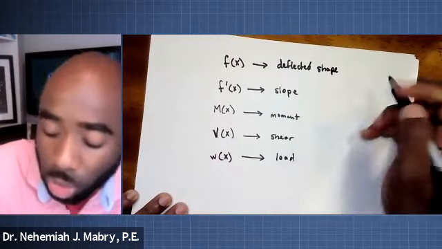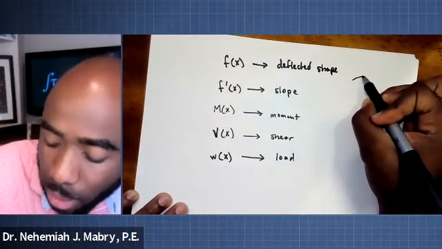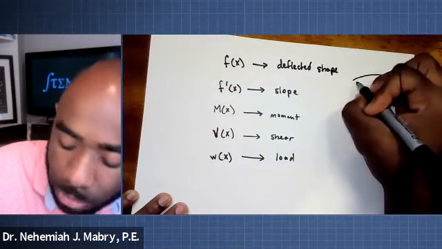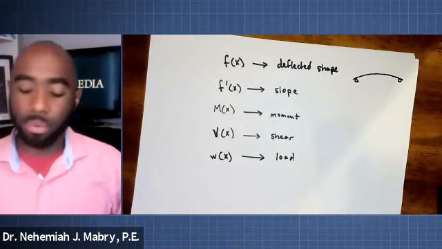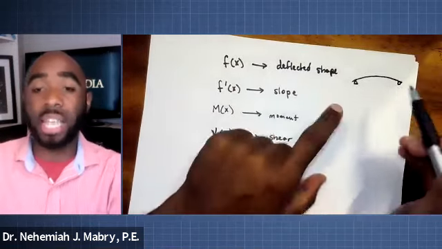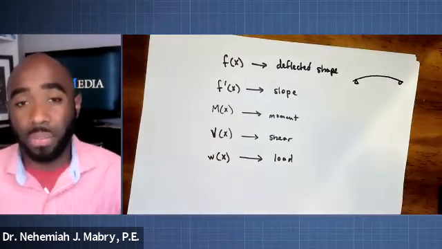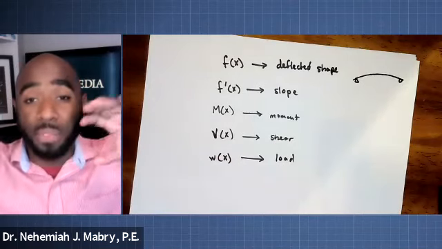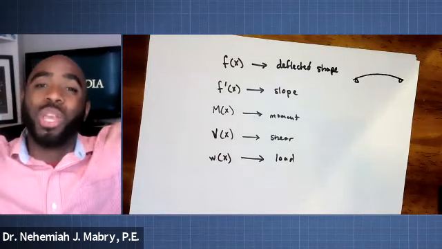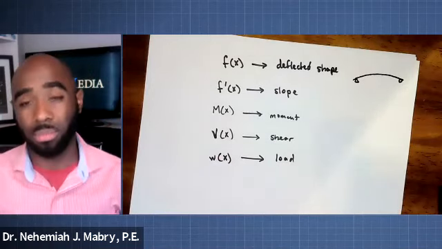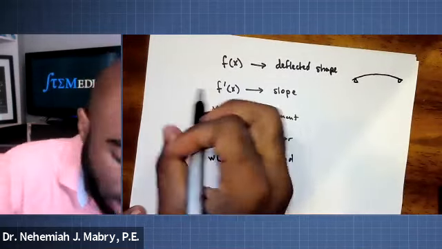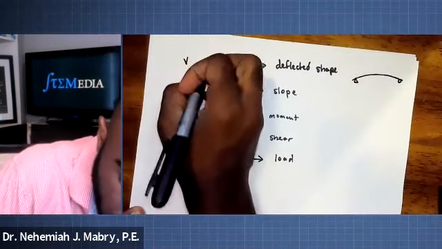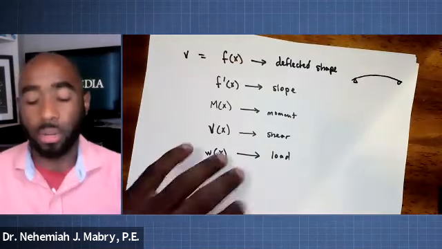I said earlier, you can imagine that when a beam is bending, there's this exaggerated shape. Well, that shape is called the deflected shape, the shape that the beam physically goes into as it is experiencing the load. We denote this as a function of x, or by little v.